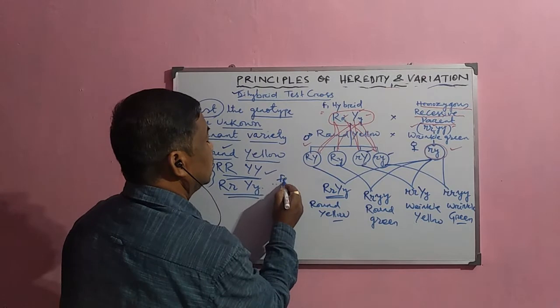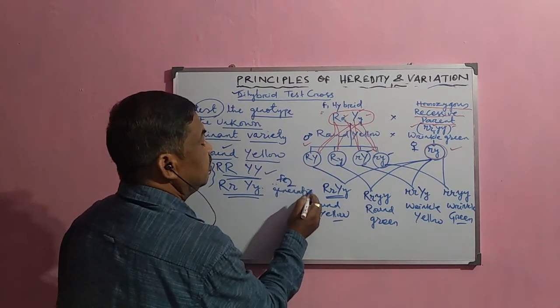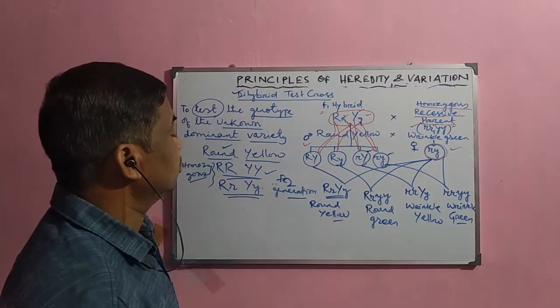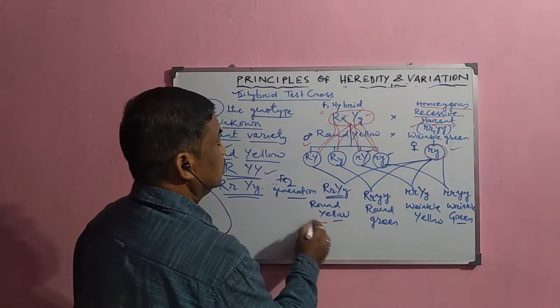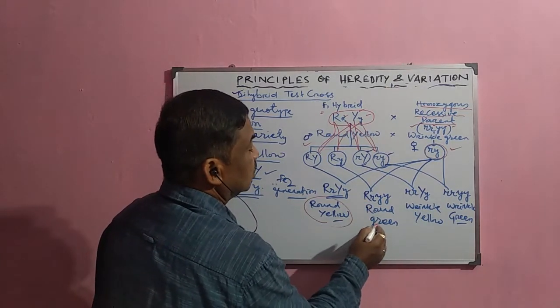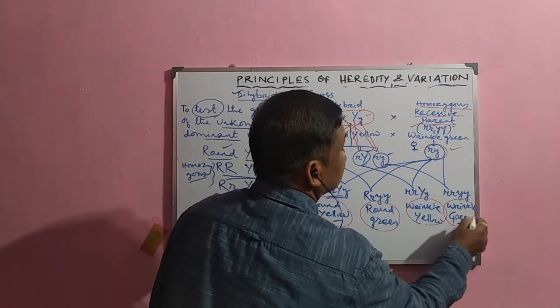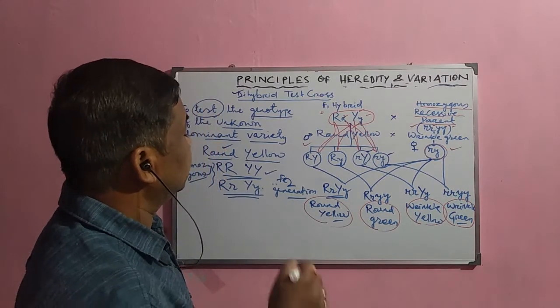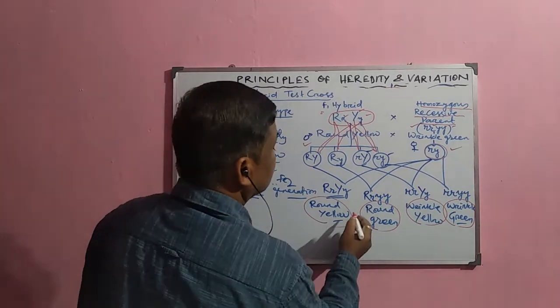Now there are four types of offspring formed in this generation. This is the result, and four types of combinations will be formed. That is round yellow, round green, wrinkled yellow, and wrinkled green. So all four genotypes will be found here and four phenotypes will be observed here. Now what is the ratio?